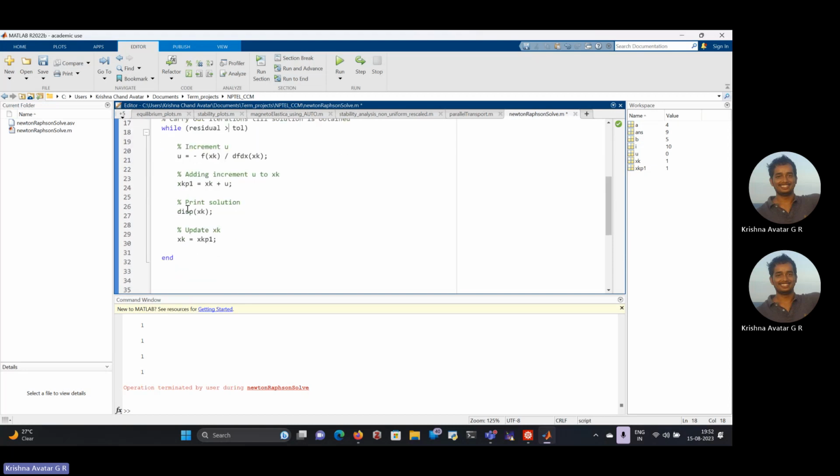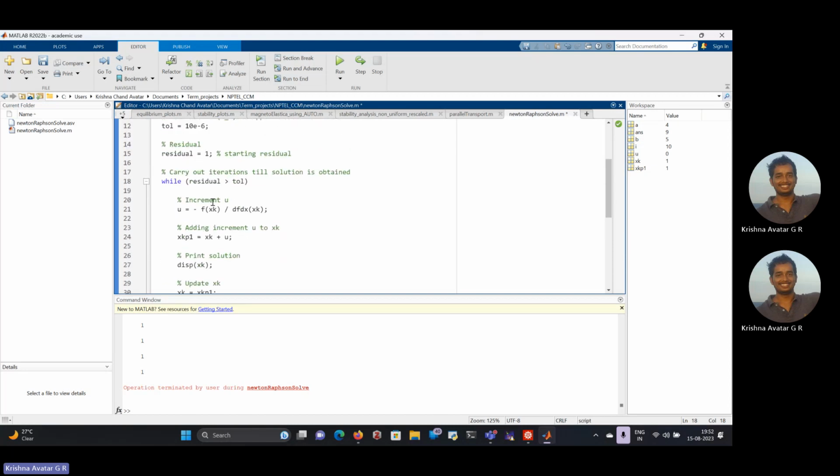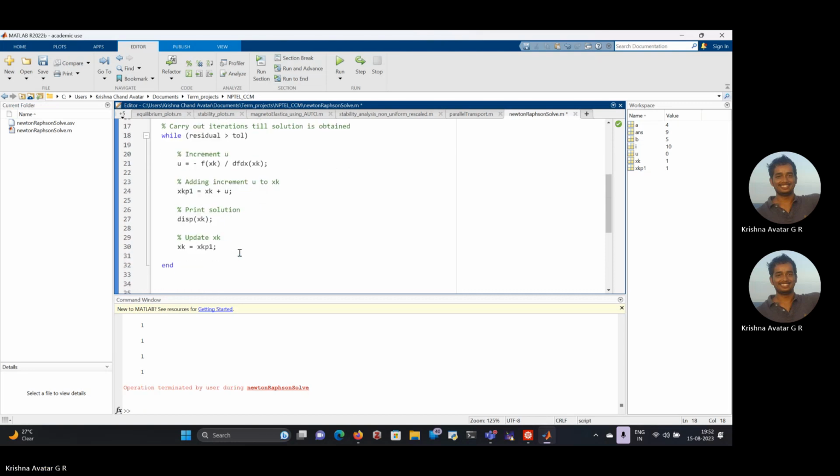But you'll say, okay, fine, but I don't see residual being updated. It's always 1. So what I do is, after I have done all that, I will just compute the residual at the last step.